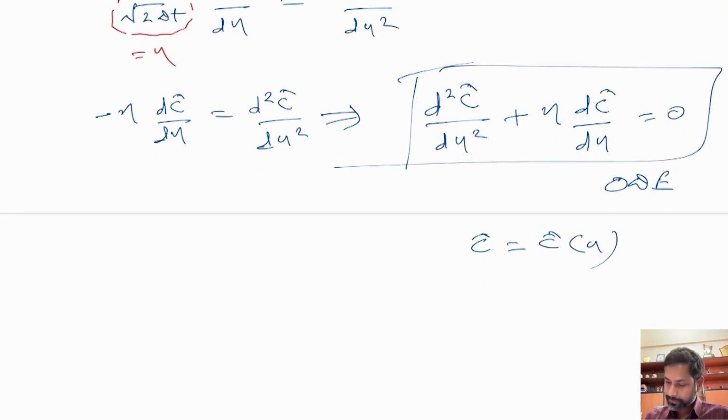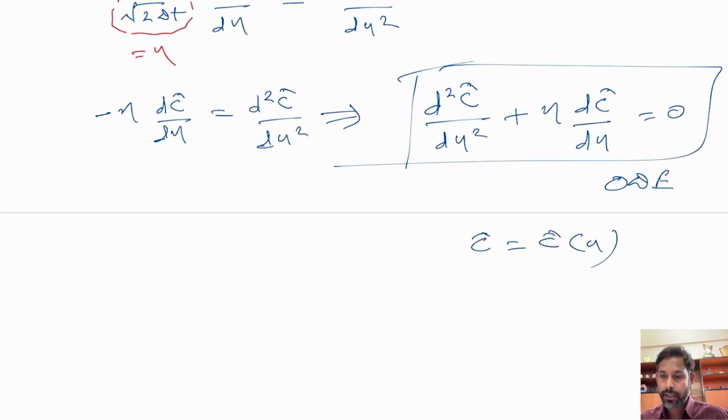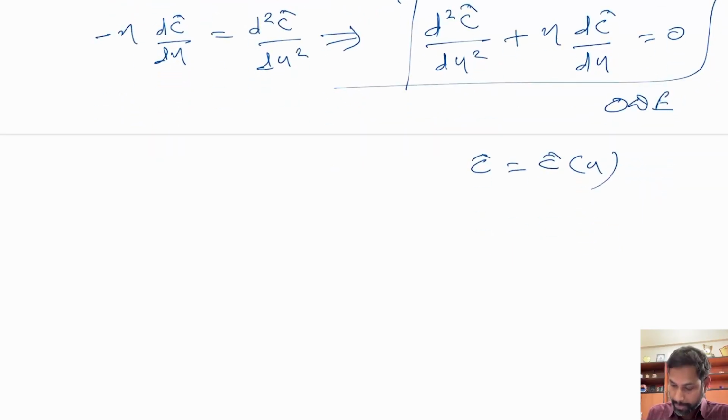Okay, so we can go back to the equation that we have derived, or conditions that we have used before, to find what are the values of c hat for different values of eta. Okay, so let's first recall what is eta here. Eta is x over 2 root dt, right?